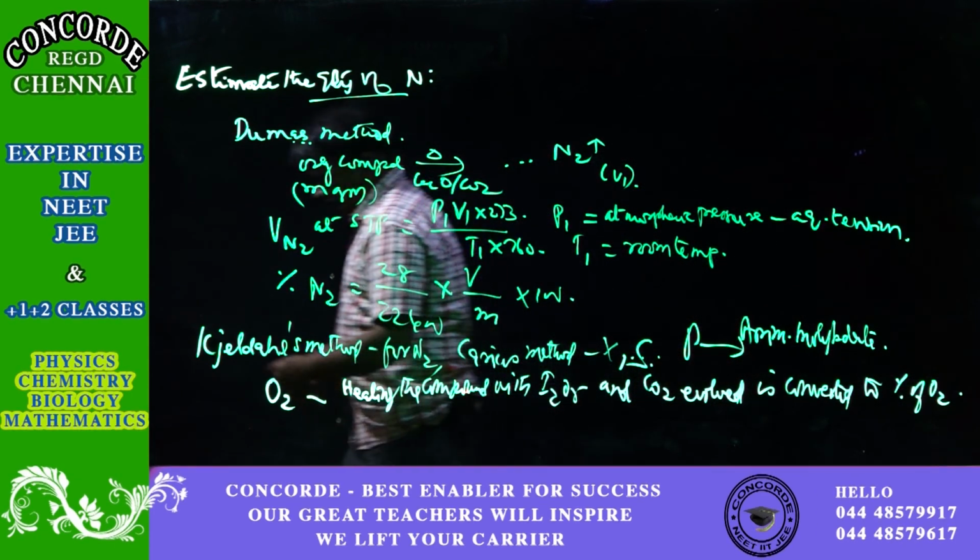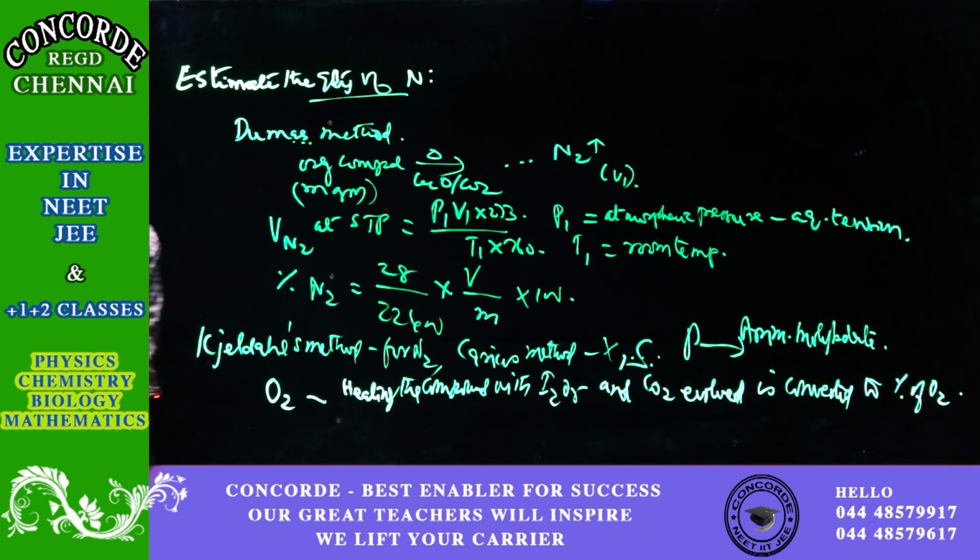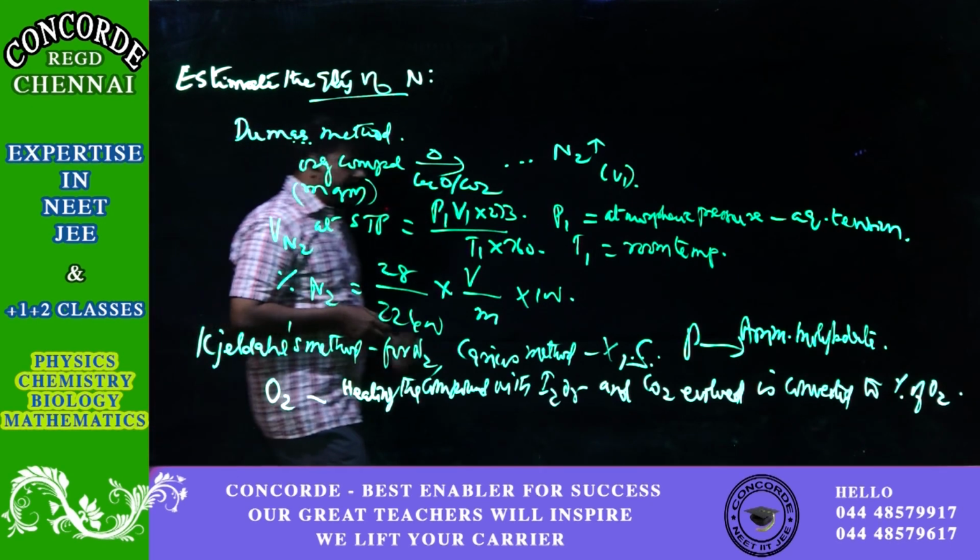So these are the different ways in which the quantitative estimation of various elements in compounds is made. For oxygen, you know very well that it is 32 by 88 into M1 by M into 100.